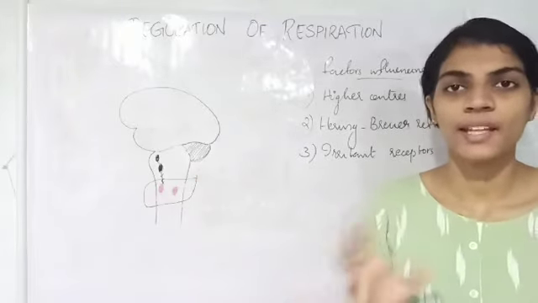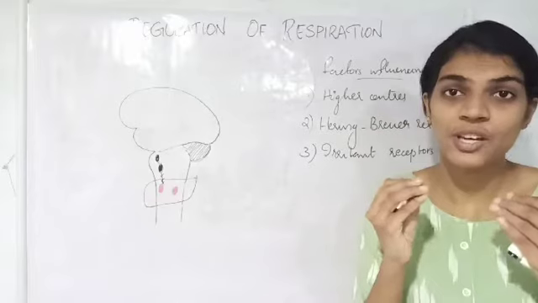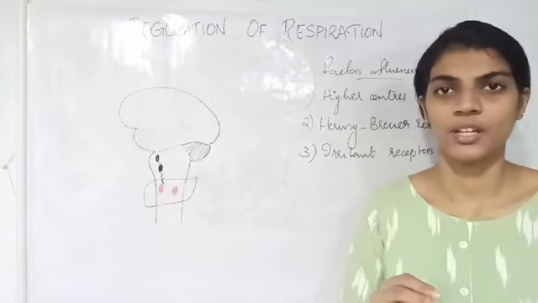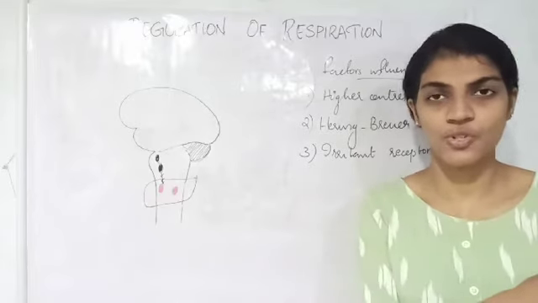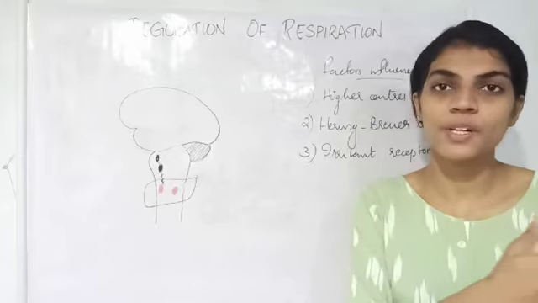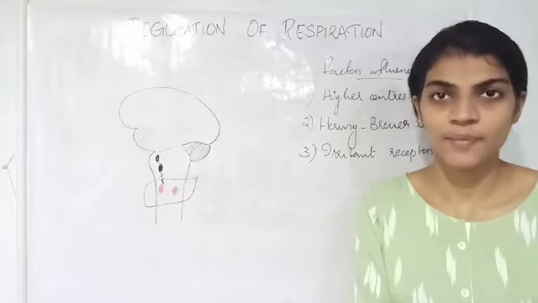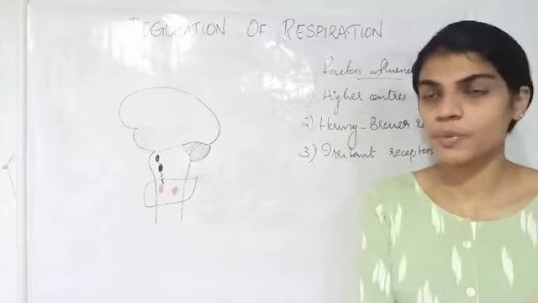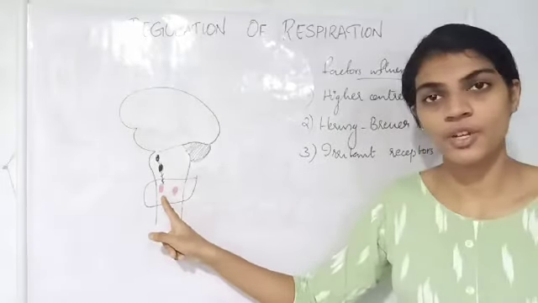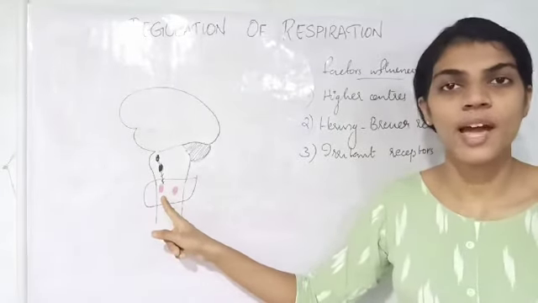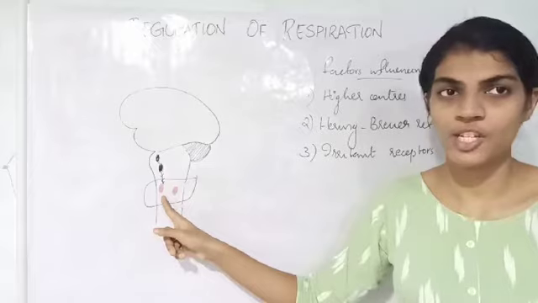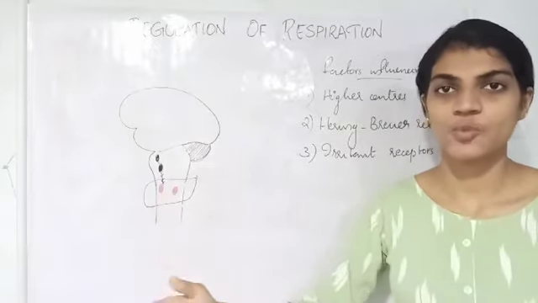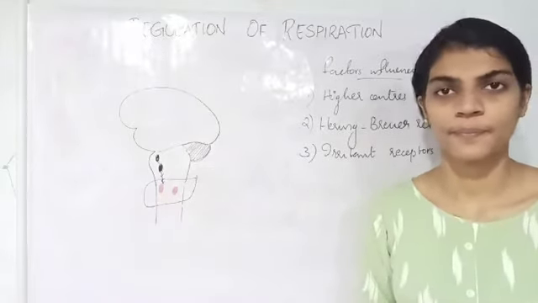So like that, there are certain temperature receptors in the body. If we are exposed to cold, these cold receptors are activating. These cold receptors stimulate the dorsal respiratory group of neurons, so it can produce hyperventilation. Hyperventilation means increased inspiration and increased expiration.